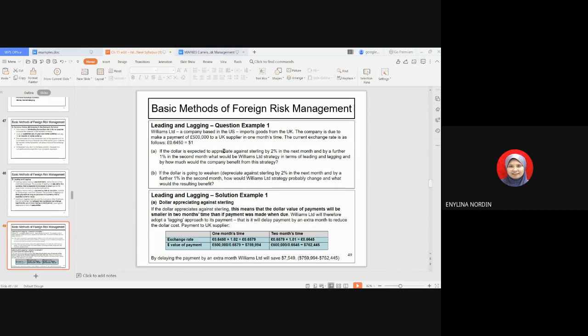As the dollar is predicted to appreciate, there will be less dollar to be converted into pound, so it becomes cheaper for the US company to pay in pound.